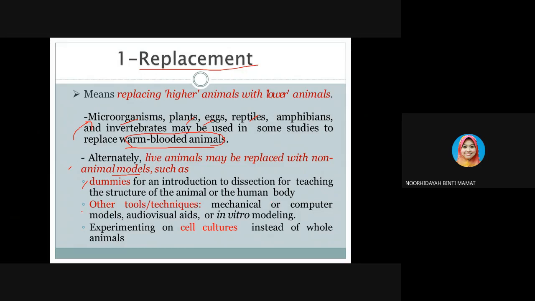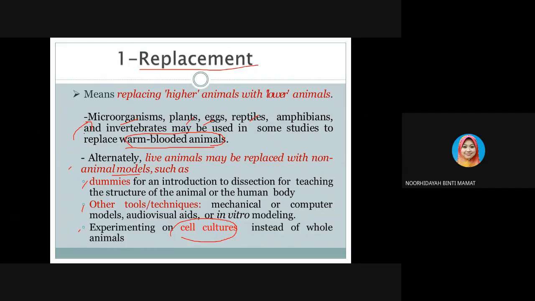We also use other tools and techniques, for example mechanical or computer models, audio-visual aids, or in vitro modeling. And the other one is experimenting on cell cultures instead of whole animals. This is the alternative for us to replace animals in our experiments.